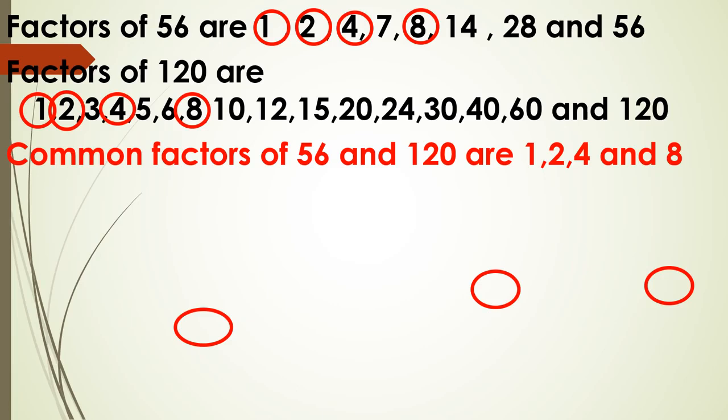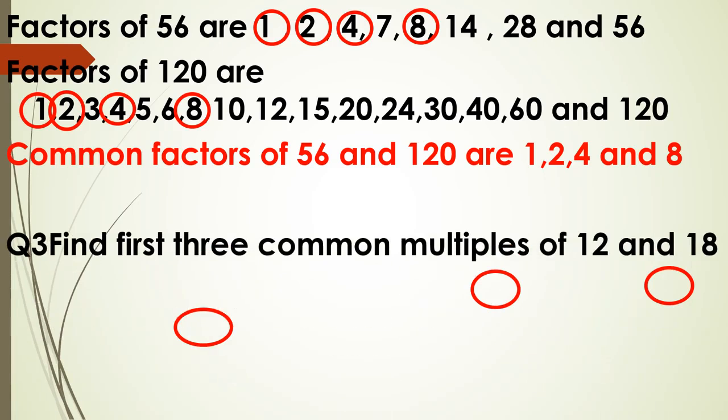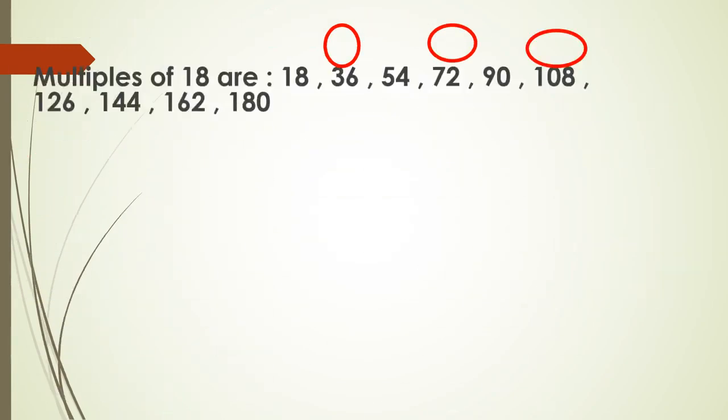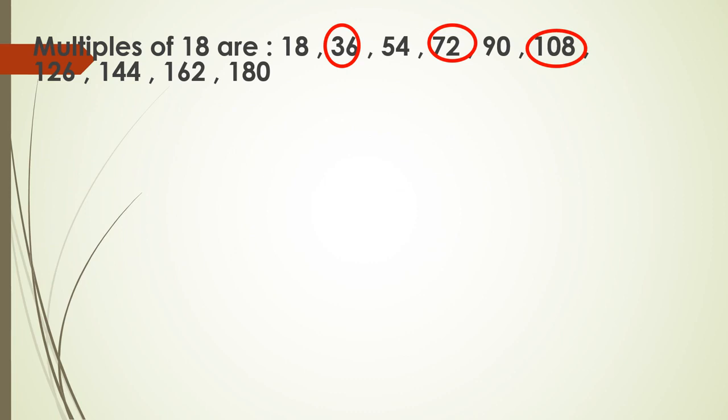Now see question number 3 of this exercise. Find first 3 common multiples of 12 and 18. Only first 3 common multiples. Write down multiples of 12. I have written up to 12 times, which is 120. Then write down multiples of 18, up to 10 times, 18 times 10 is 180, I have written.